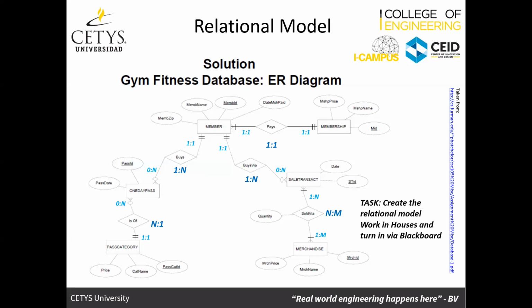And so that would mean that a sales transaction can have many items, but a specific item is only going to appear in one sales transaction. Okay, that would make this one-to-many. So the two interpretations could be correct. For this specific case, it's being interpreted this way. Okay, this would be the ER diagram for the gym fitness.